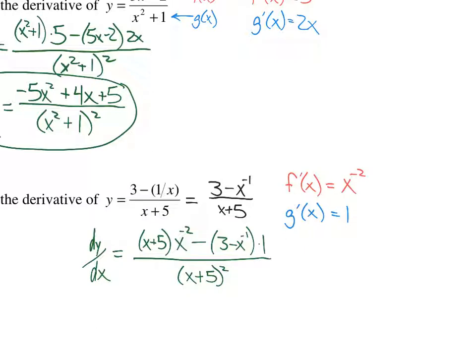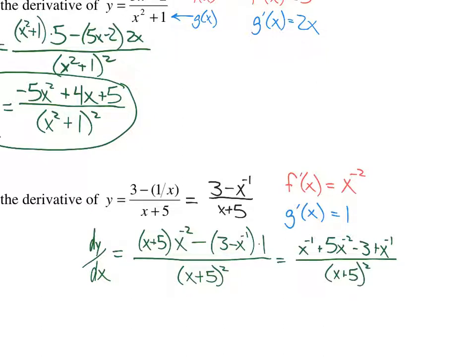When I distribute that x to the negative second power into the x, I get x to the negative 1, plus 5x to the negative 2, minus 3 plus x to the negative 1, all over x plus 5 squared.